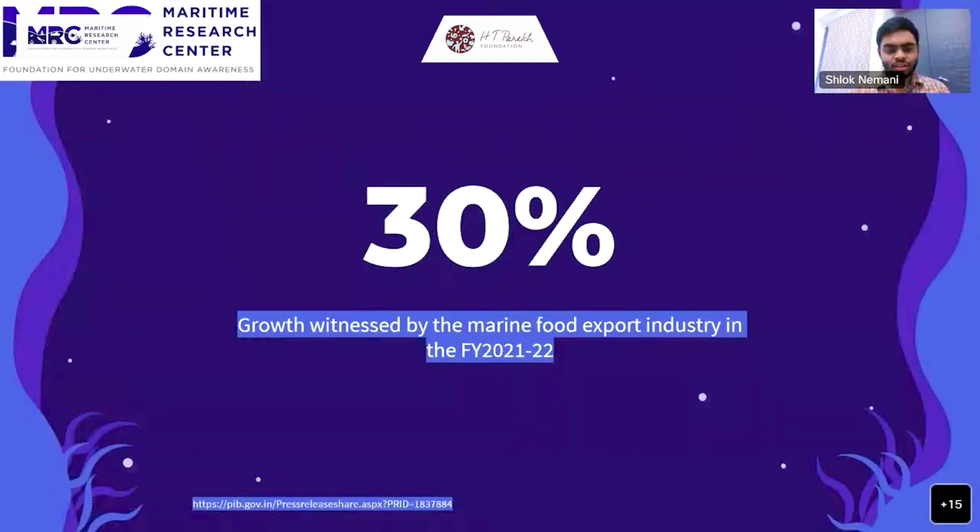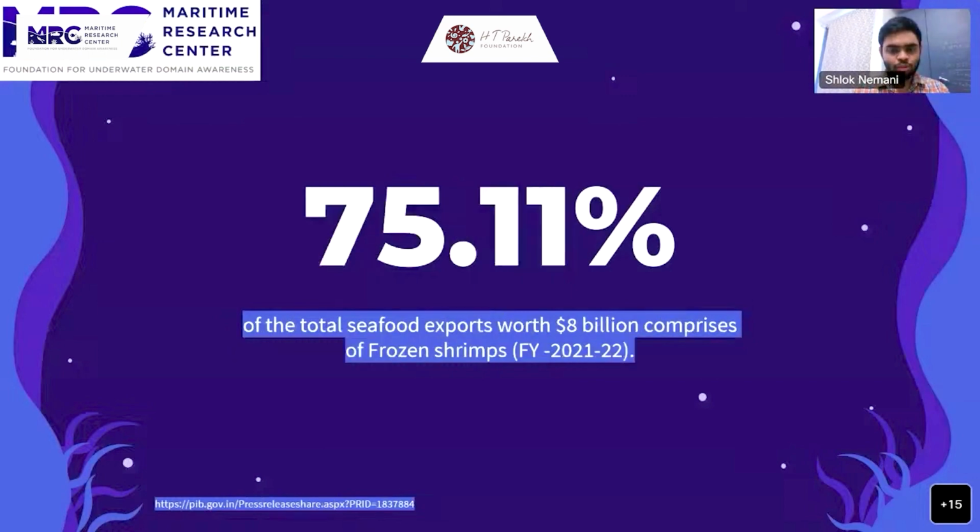Starting with the 30% growth witnessed by the marine food export industry in the fiscal year 2021-2022. Despite COVID disruptions, this was a huge annual growth rate for the total marine food export industry in the previous financial year. Out of the 8 billion that was the marine food export industry in 2021-2022, 75% was frozen shrimps.